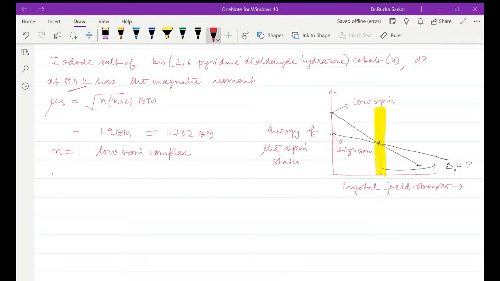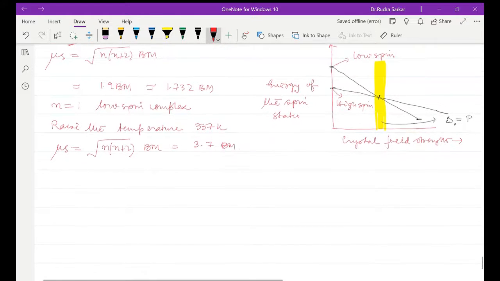Now when you raise the temperature to say 337 Kelvin, mu s goes up, which is again the square root of n into n plus 2 BM, it becomes 3.7 BM, which is very close to 3.87. That means here the n value is 3.